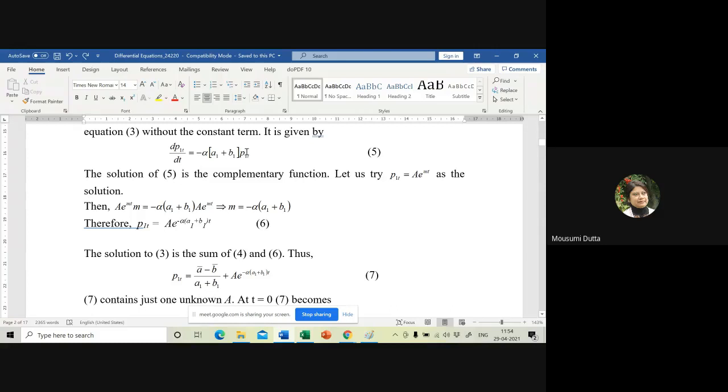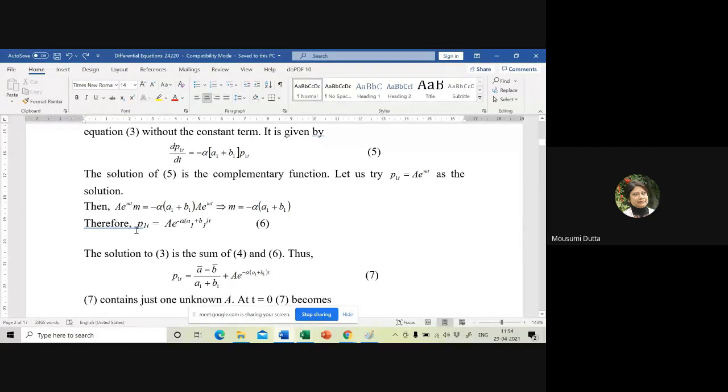In place of P1t, I am putting a e to the power mt. So the expression is a e to the power mt into m is equal to minus alpha a1 plus b1 into a e to the power mt. Now we can cancel a e to the power mt from both sides, and that gives us m is equal to minus alpha into a1 plus b1.